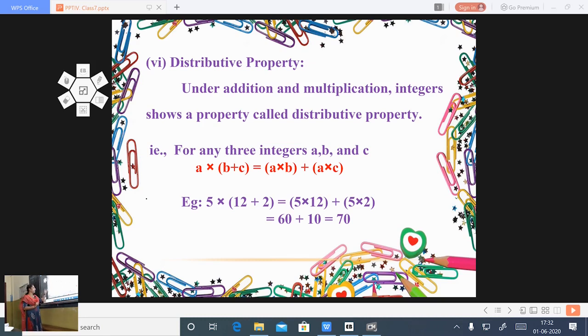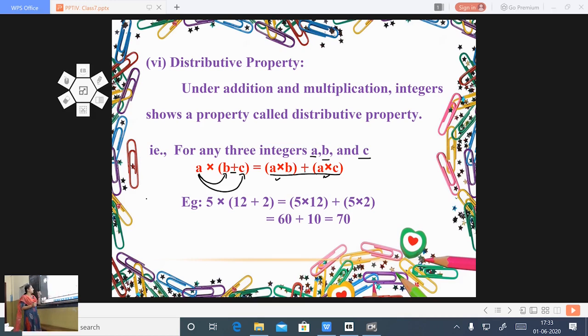In general, you can define for any three integers a, b and c, the condition is that a into (b plus c) is equal to a into b plus a into c. That means you have to multiply this outer element into the bracket. So first a into b, here over addition, so plus here, then a into c.